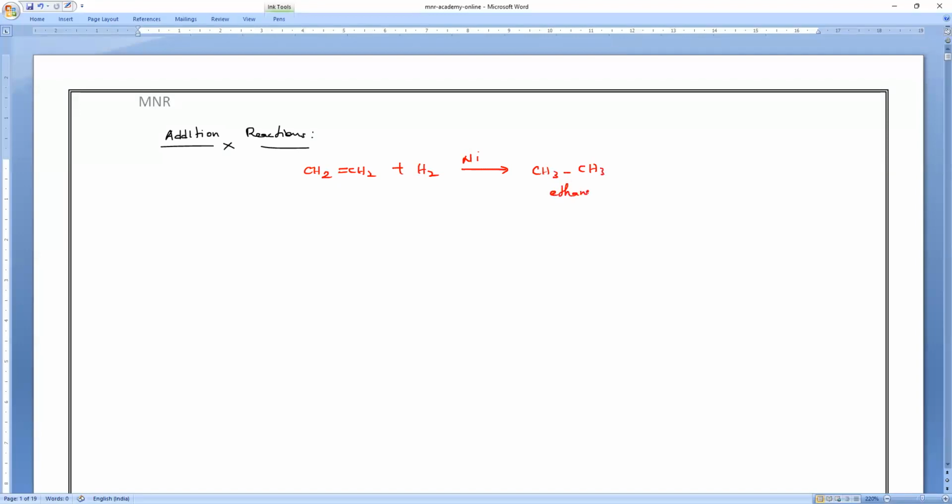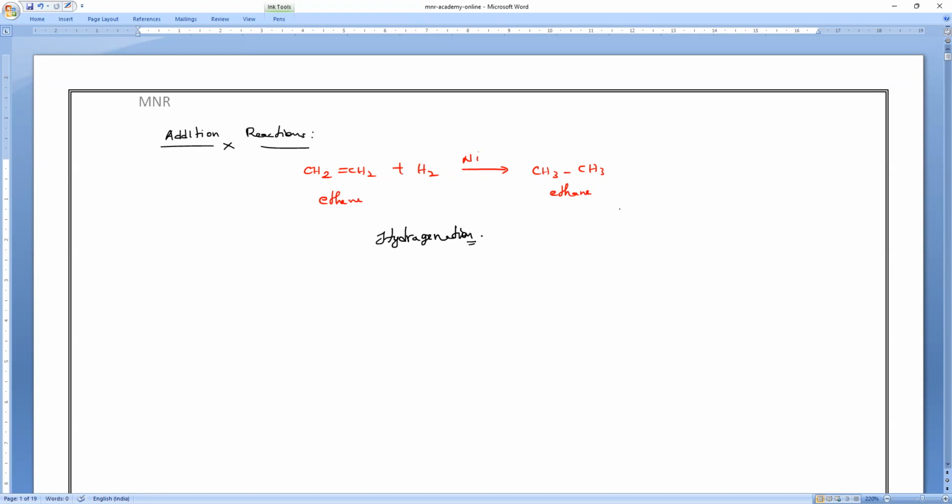That is what we used to call an addition reaction. Now, as I told you in yesterday's class, if you add hydrogen to the vegetable oil, that is the process we used to say hydrogenation of oils.